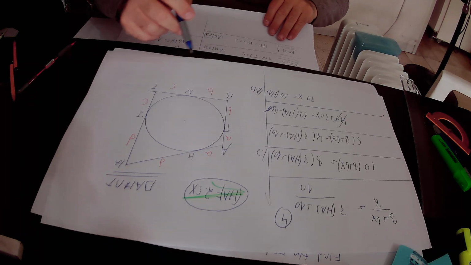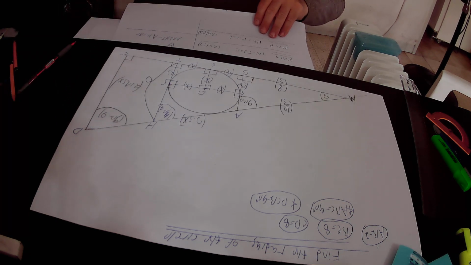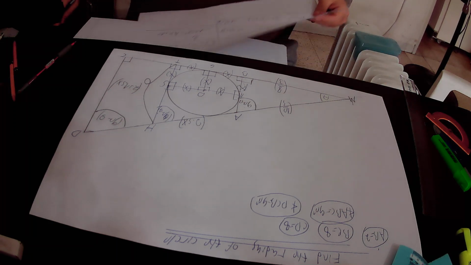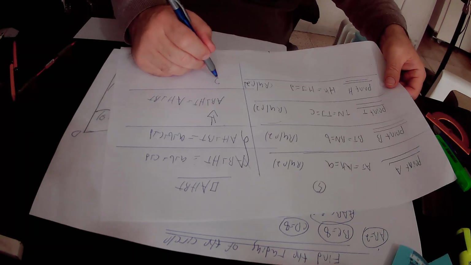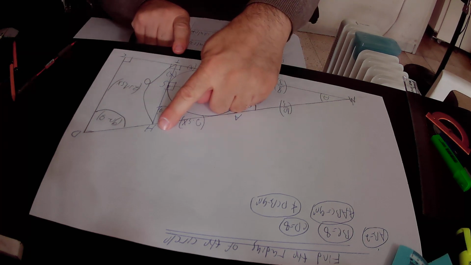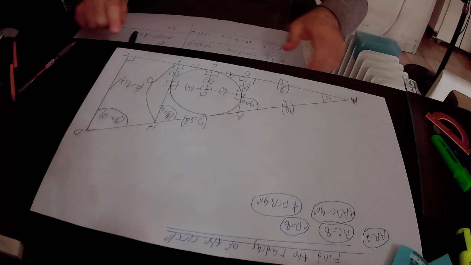AB equals 2 units in its length, so we substitute AB by 2 plus HT. HT in total equals 2 plus 1.5x, so we substitute HT by 2 plus 1.5x.